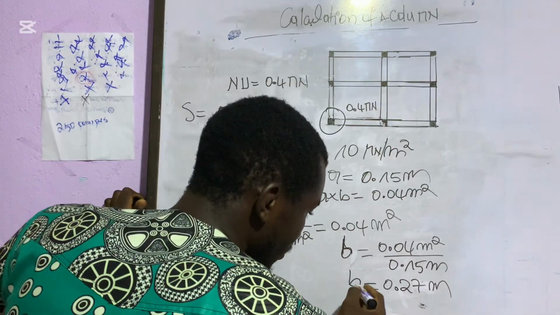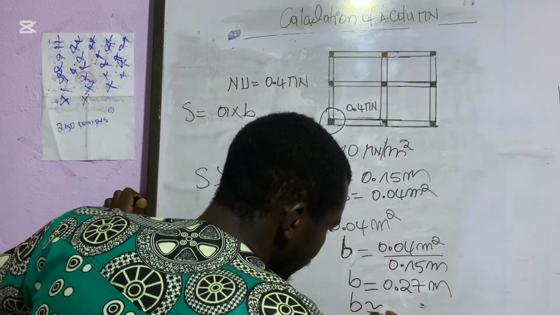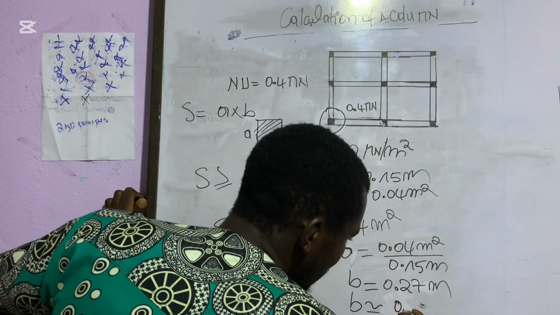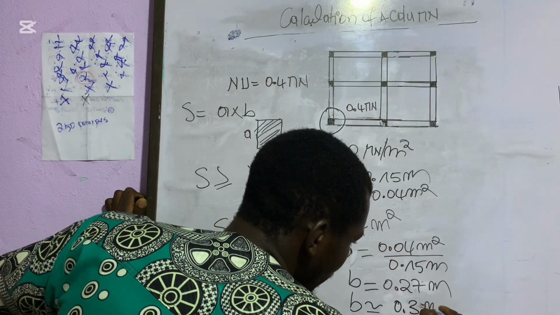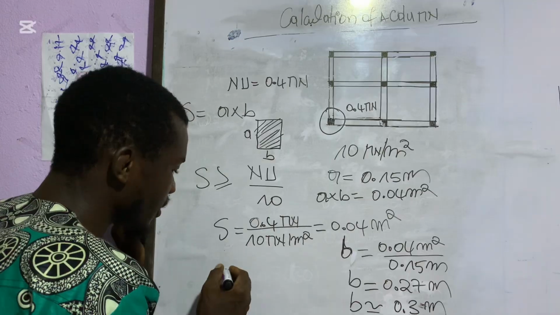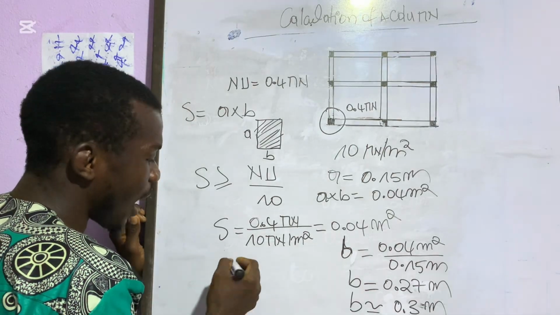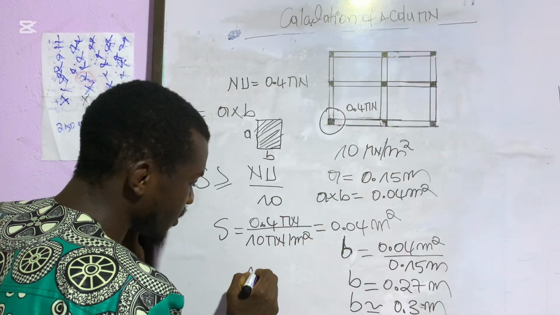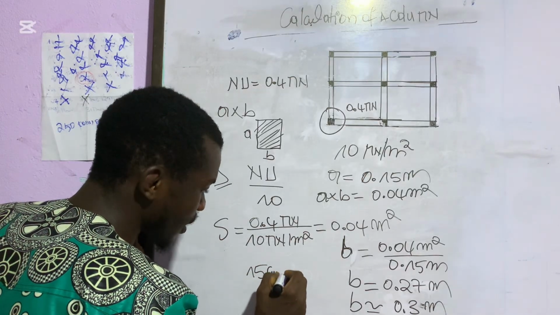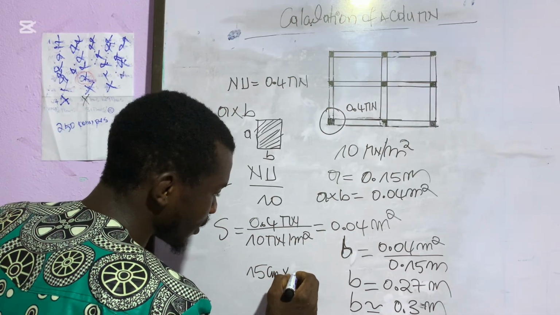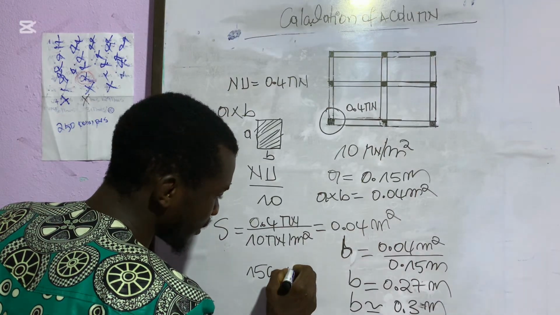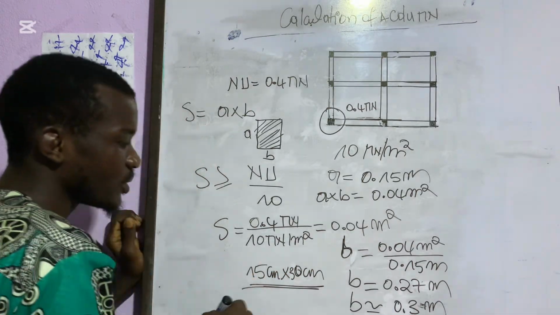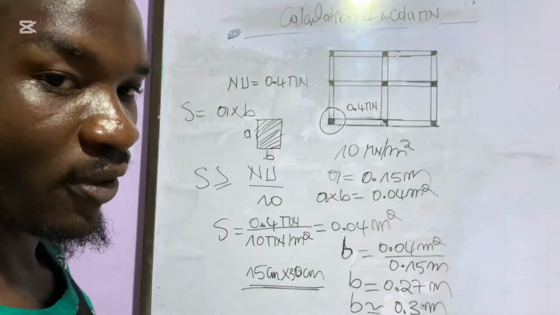So we round this B to 30 centimeters, or 0.3 meter. At the end of the day, we can conclude that our column has a cross section of 15 centimeters by 30 centimeters. So that's the cross section of our column.